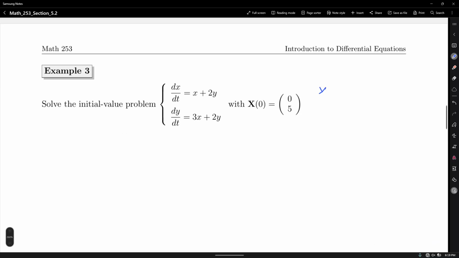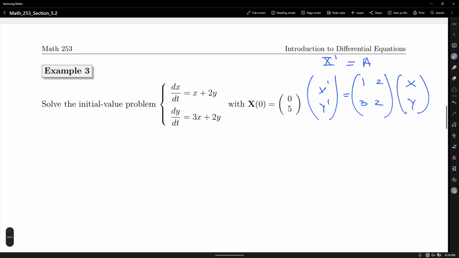So this means x prime, y prime equals 1, 2, 3, 2 times x, y, which is x prime equals Ax. That's a homogeneous system we've been describing for the last hour or so.